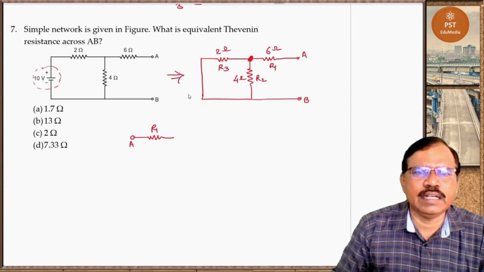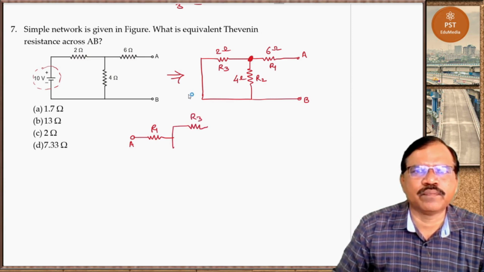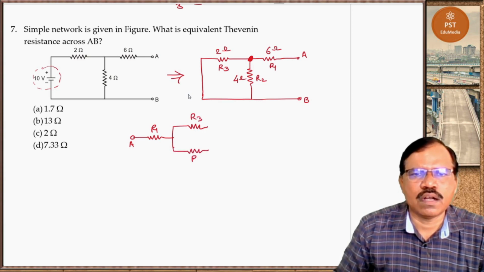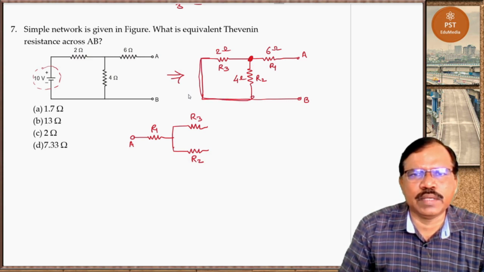It is divided into two branches. In the first branch we have R3 and in the second branch we have R2, and now these two branches come together here and then they go to B.